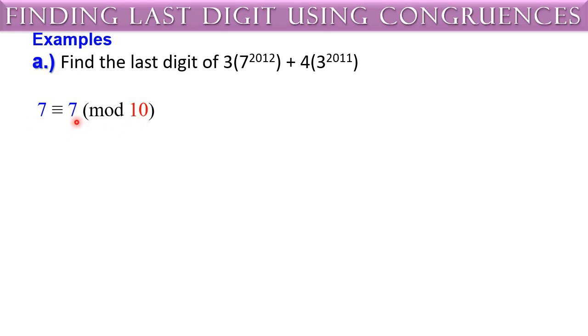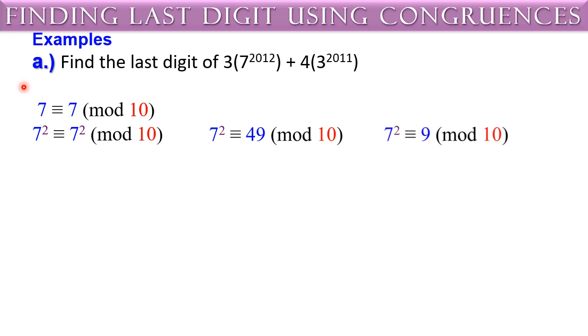Again, applying the rules of congruences, we will have 7 squared is congruent to 7 squared modulo 10. Simplifying it, we will have 7 squared is congruent to 49 modulo 10. And 7 squared is congruent to 9 modulo 10.